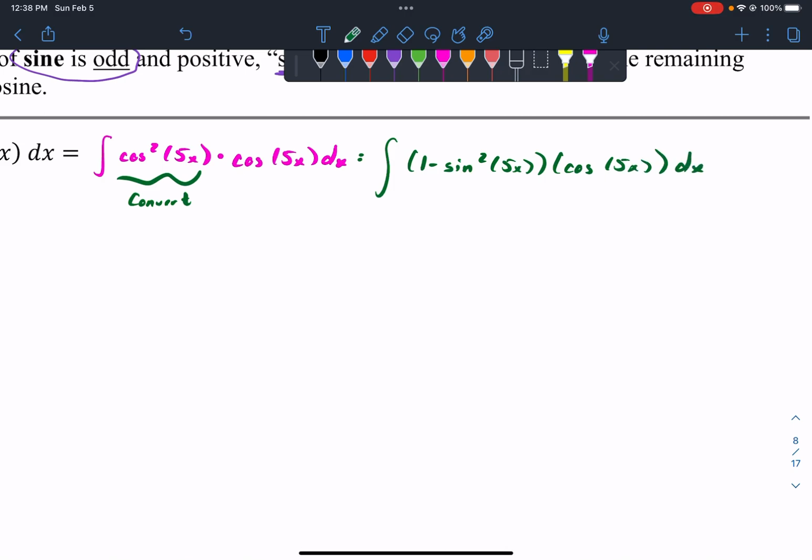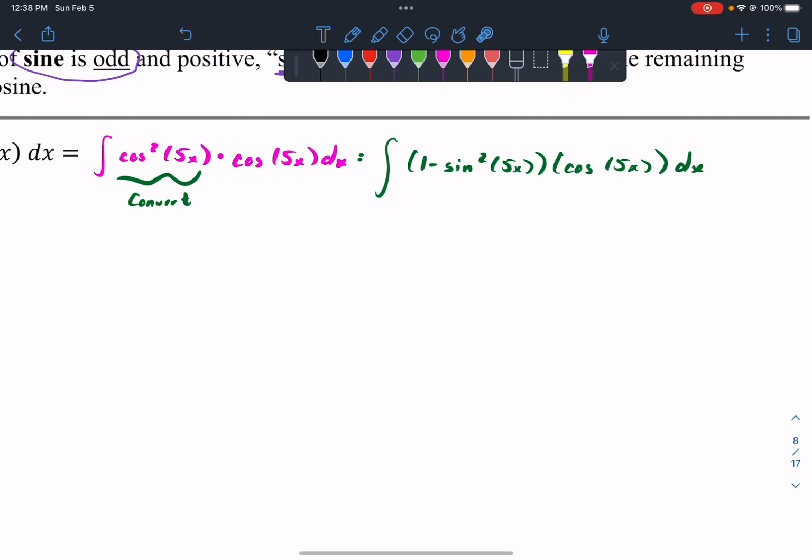So knowing that, I can take a moment to do some u sub. Because this is a product, basically this is distributing through. Now, you don't have to distribute it through. I wouldn't necessarily recommend that. But if I was to distribute this, the sine squared and the cosine, that is something that I would know how to integrate because I could u sub my way out of it. And just integrating cosine would also work.